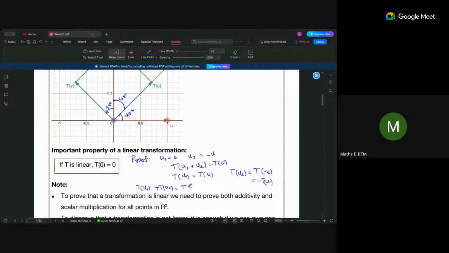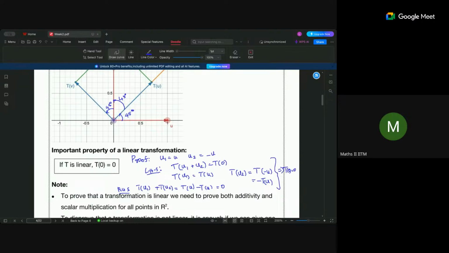So this is nothing but T of u minus T of u. So this is 0. So we can see that because of additivity, you will get that T of u1 plus u2, which is nothing but T of 0 is 0. So this is your LHS. This is your RHS. So you can see that LHS is equal to RHS. So we will get T of 0 is equal to 0.